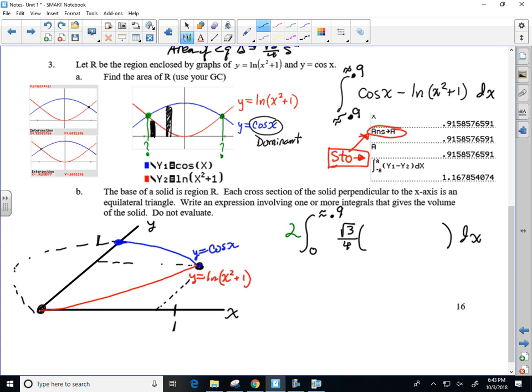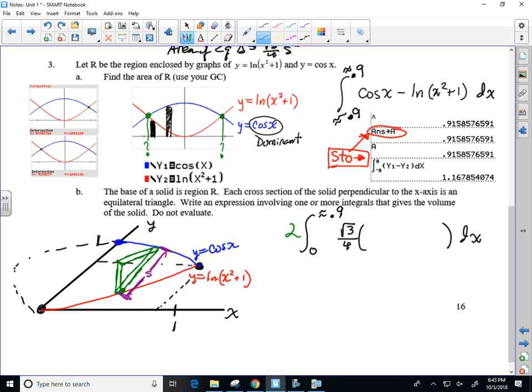All right, so again, equilateral triangle. So I'm going to have some arbitrary rectangle on the interior that shoots up to become the equilateral triangle that we need. All right, so I need this distance here, which we call S, for the length of the side of the equilateral triangle.